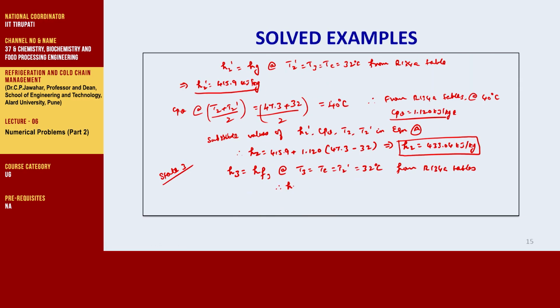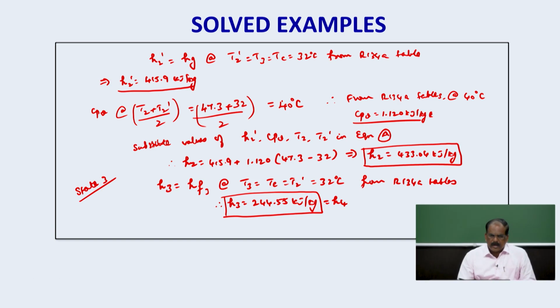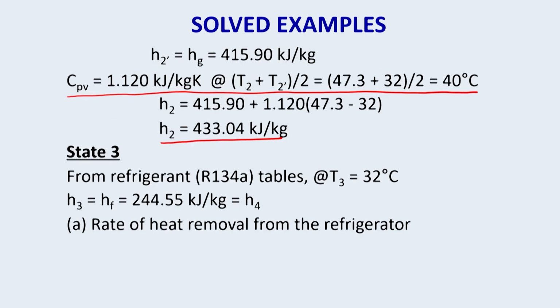Therefore, H3 is equal to 244.55 kilojoule per kg. So this is equal to H4, since 3 to 4 is an isenthalpic process, that is, enthalpy at 3 is equal to enthalpy at 4, 244.55.